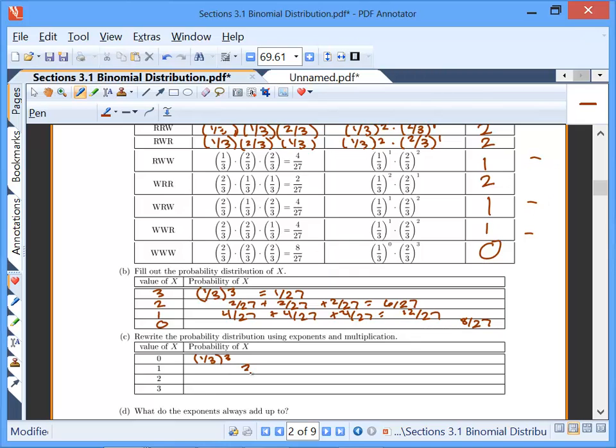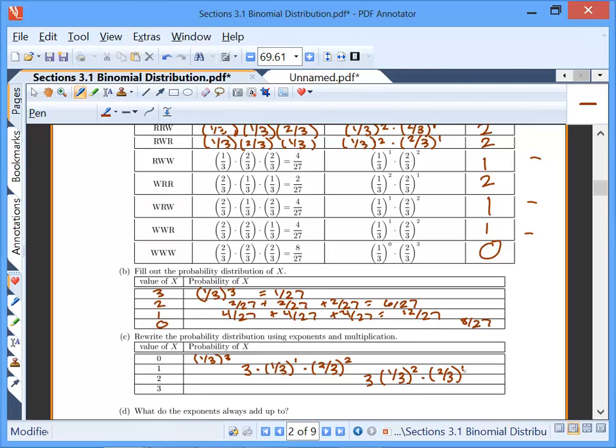So you can write this as 3 times 1/3 to the power of 1 times 2/3 to the power of 2. What about for the value of 2? How many of 2's did I have? There are 3 of them, and each one had the probability of 1/3 to the power of 2 times 2/3 to the power of 1.